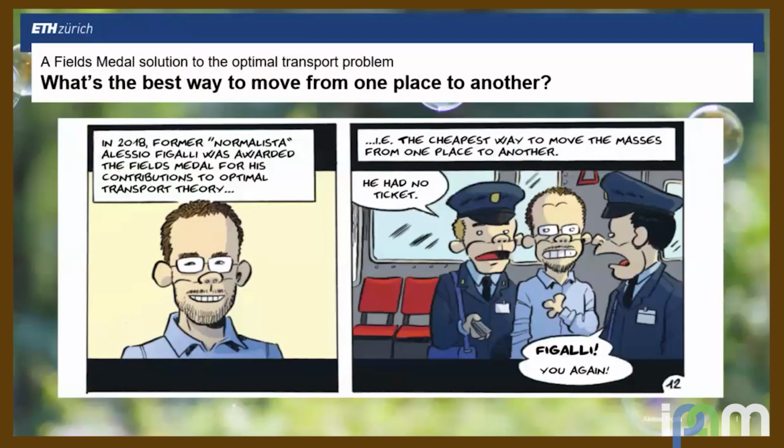So here he explained why I got the Fields Medal: because I understood the best way to go from one place to another, and you can see myself there, using public transportation without paying the ticket. So that was my solution to the OT problem. I strongly discourage you from doing that, especially in Zurich. Fines can be very, very high. Okay, so this was one problem I solved.